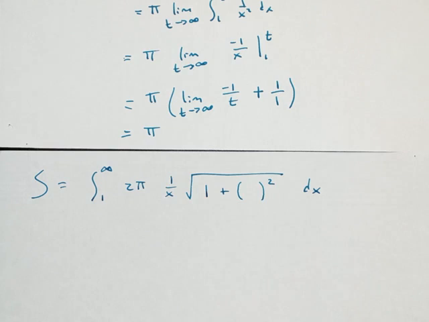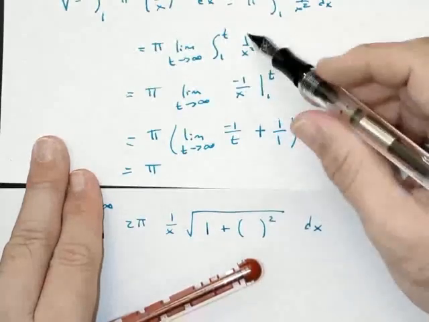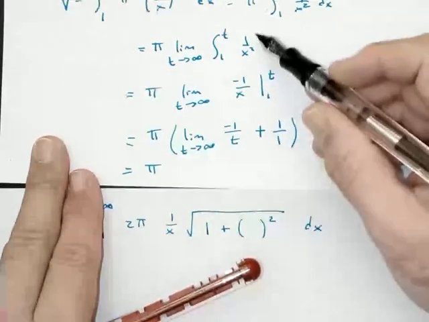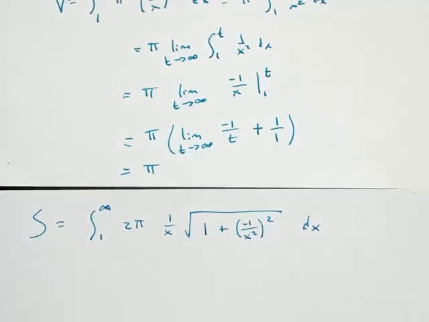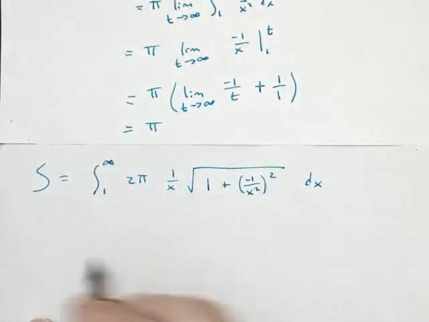So what do I get as the derivative of 1 over x? Wait a minute. There we go. The derivative of 1 over x will be minus 1 over x squared. Oh, I got to square that.